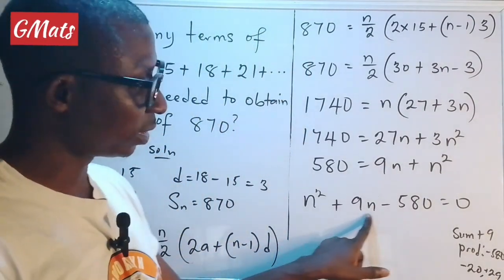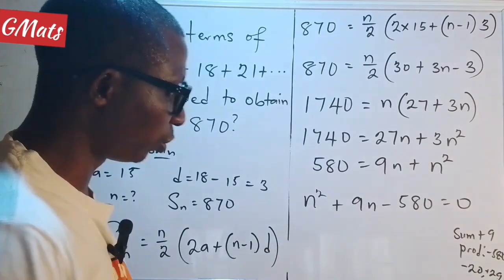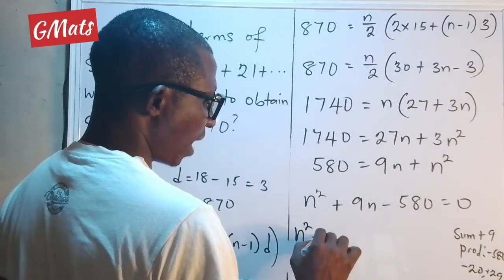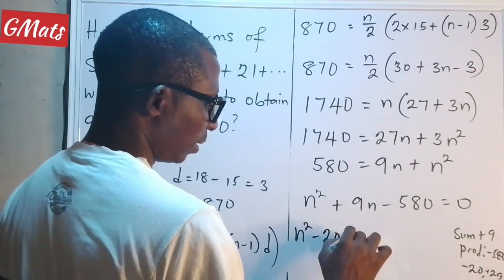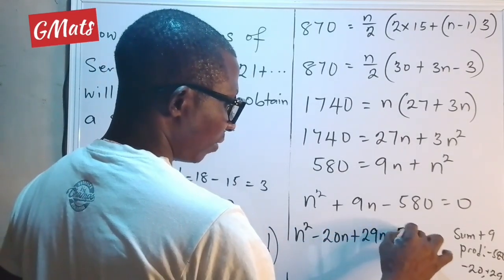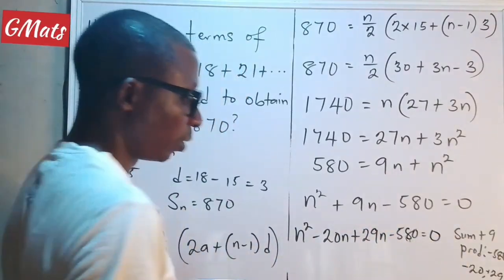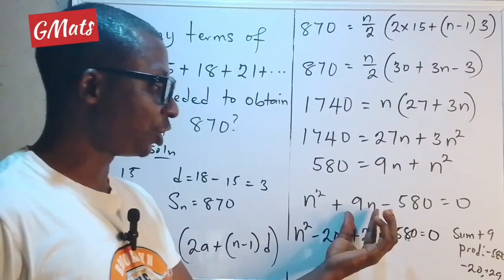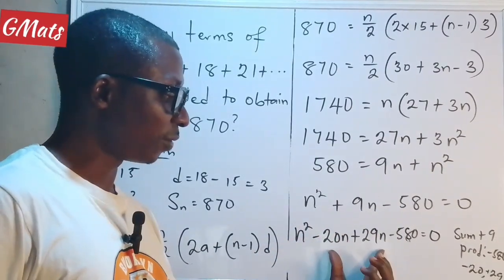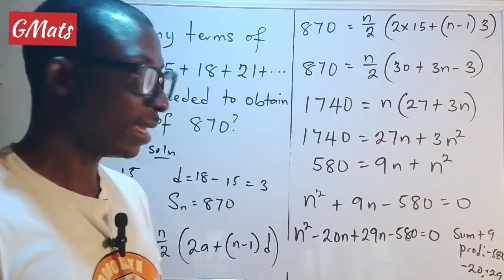So now this value here, 9n, we change to n squared minus 20n plus 29n minus 580 equals 0. You can see nothing has changed. We just re-express 9n in this form, because when you add this and this together, you are still going to have 9n.